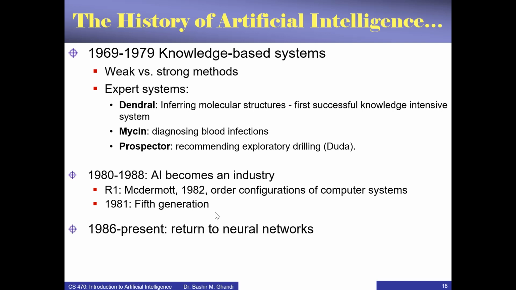The next period after that is 1986, which marked the return of neural networks. The neural networks, as we discussed before, were discovered much earlier, but were abandoned at some point because they realized they could only solve, at that time, limited kinds of problems.